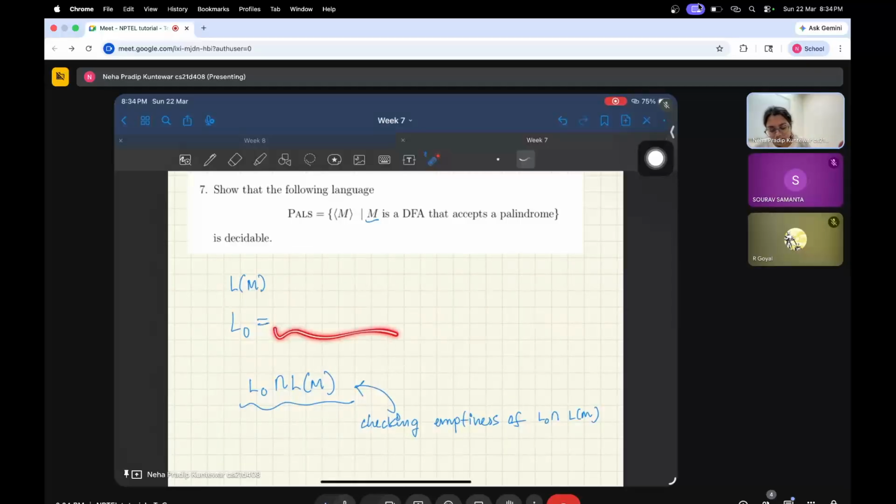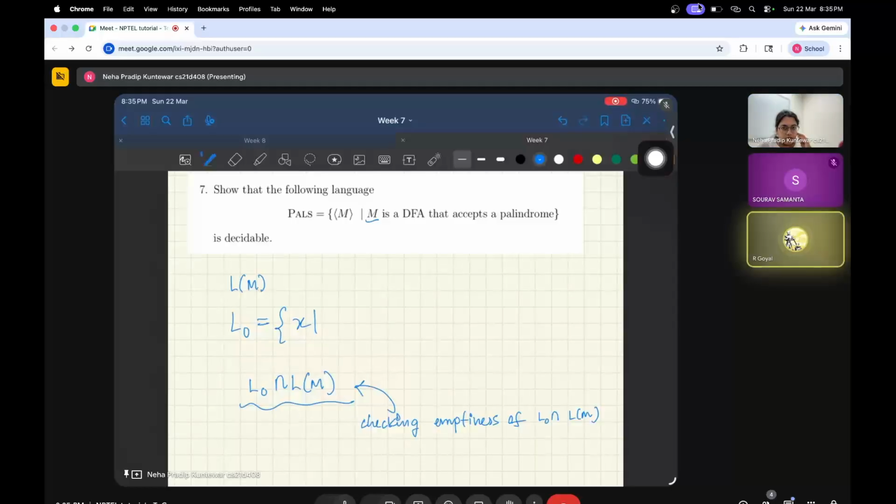So which language should I select so that its intersection with the palindromes comes out to be a CFL?